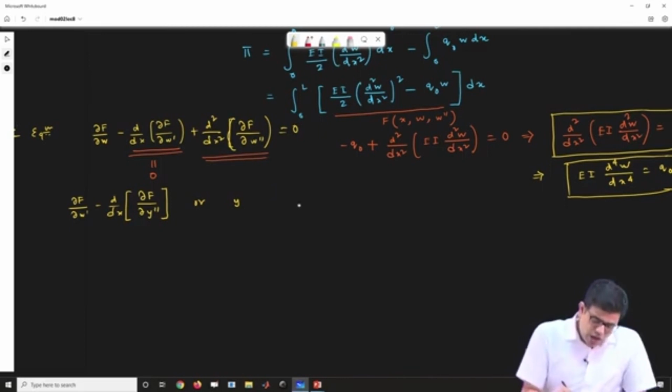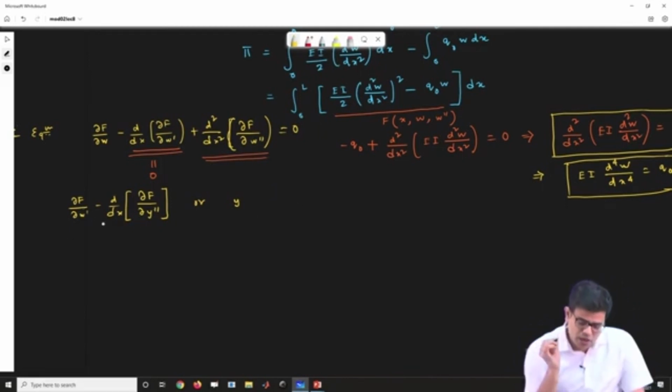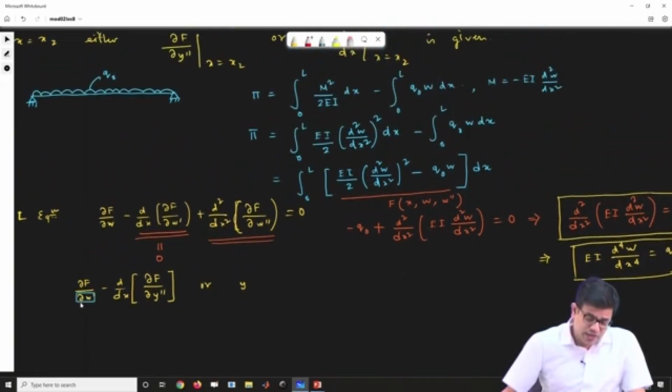Now ∂f/∂w prime is not there, because f is not a function of w prime.